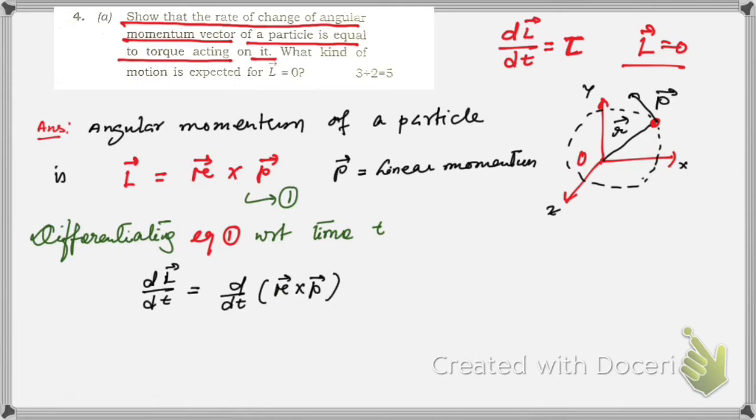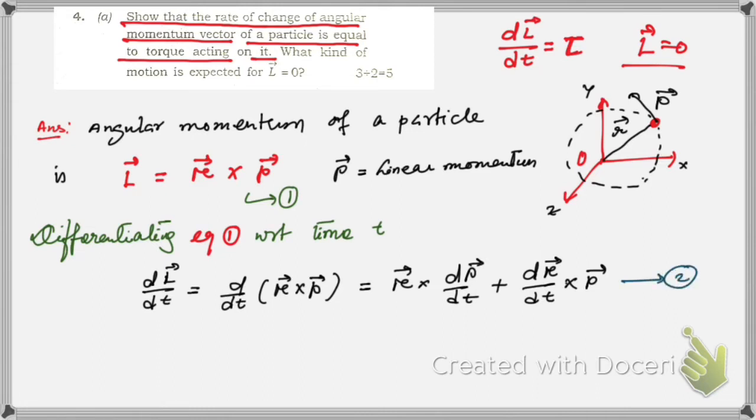Using the product rule, that is equal to r cross dp by dt plus dr by dt cross p, right? That's what you're going to have. This is equation number 2.